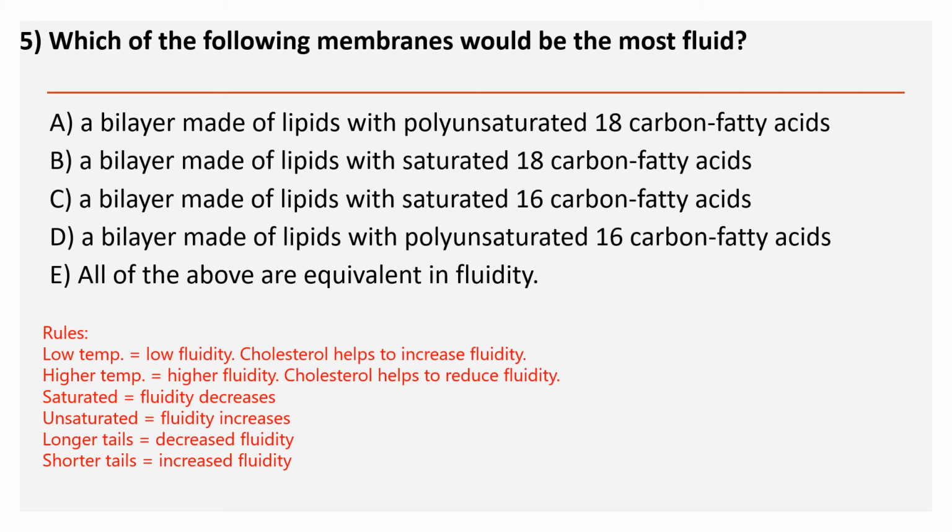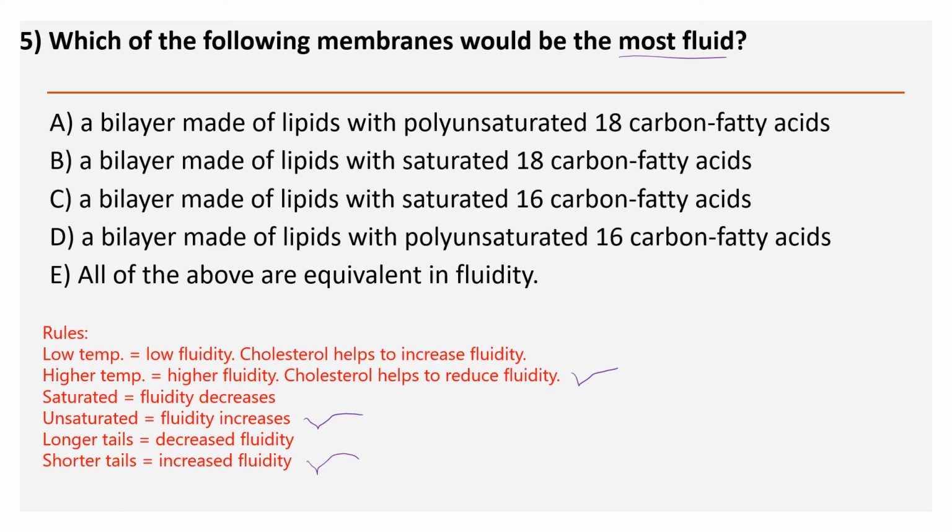So let's jot down which ones are for increased fluidity, because that is what the most fluid is. Higher temperature is higher fluidity. Unsaturated, so double bonds, fluidity increases. And then we want shorter tails for increased fluidity.